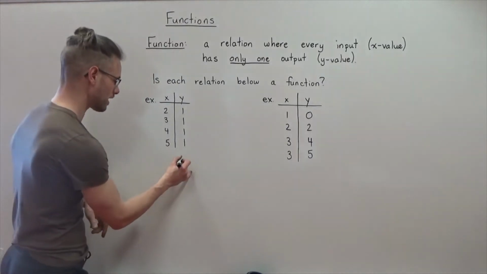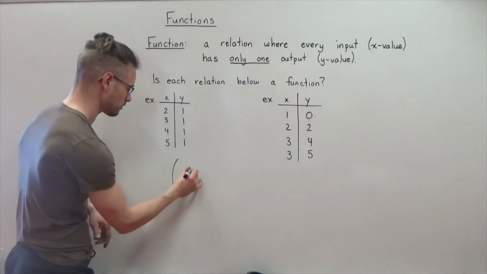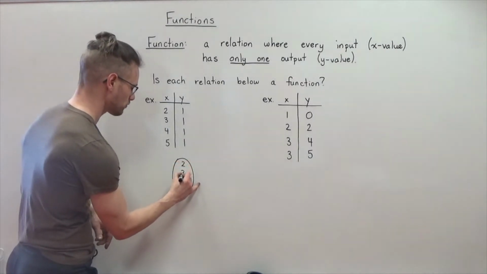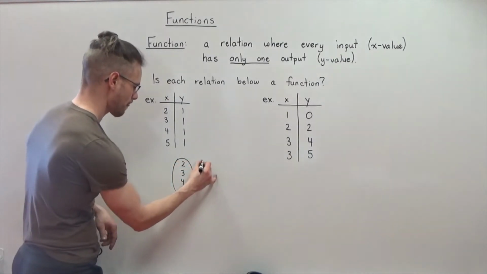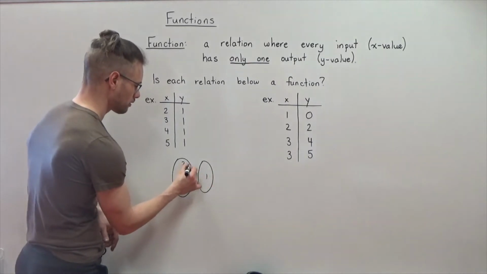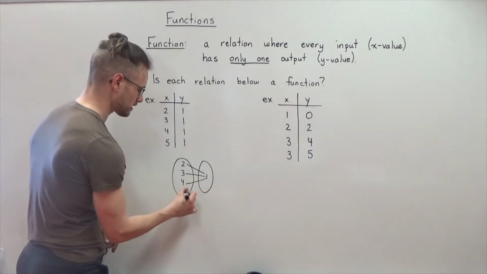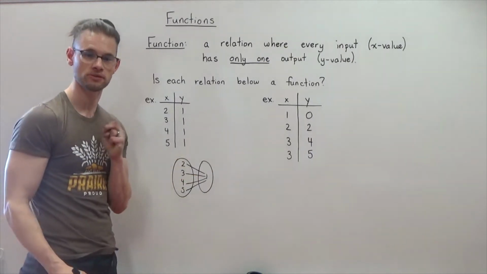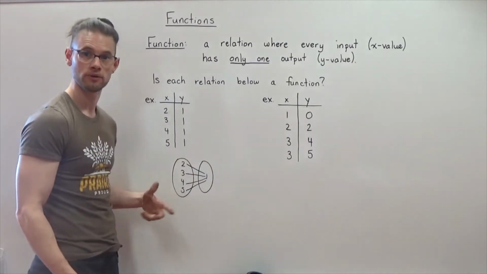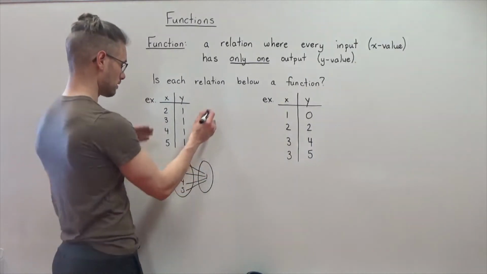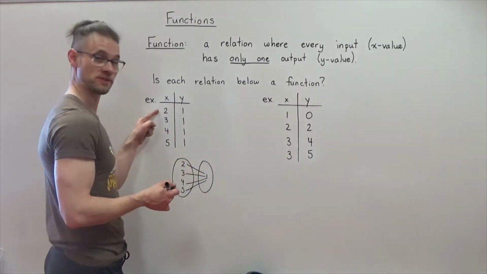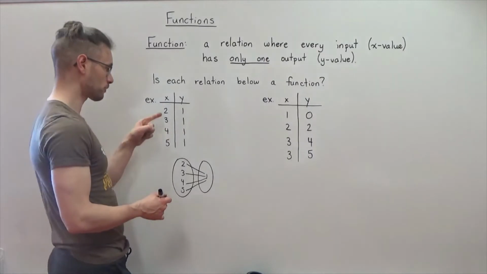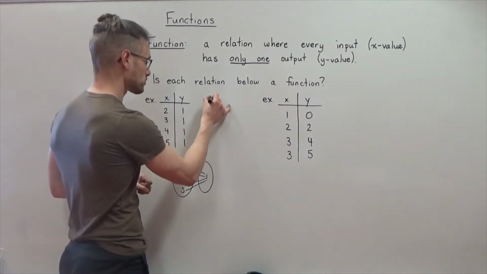In terms of an arrow diagram, if we were to turn this into an arrow diagram, 2, 3, 4, 5, and 1, what we would notice is that there is no part where we get that type of scissor effect. Every x value has only one y value. Okay? In the table we can also see that. 2 only has one y value, 3 only has one y value, so on and so forth.